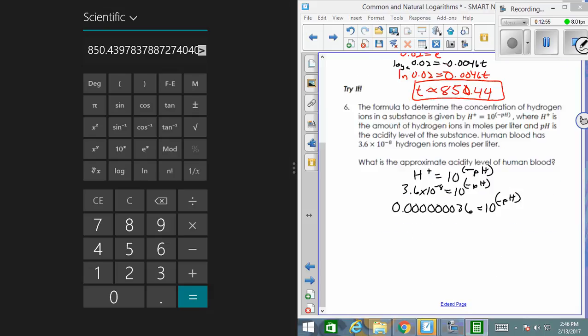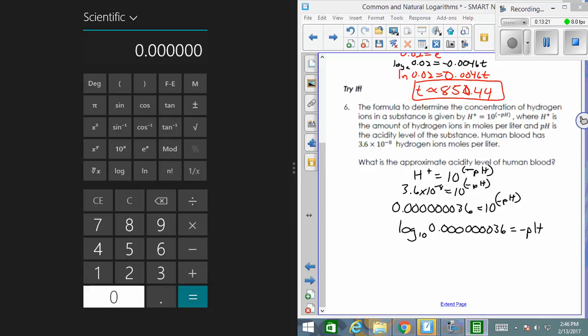Okay, we're going to convert it because our variable's in the exponent, so that's how we know we convert it. So it's going to be log base of the exponential, which is 10, of that decimal number. Since it's a base of 10, that's what our calculator is, so we're just going to type in that number.